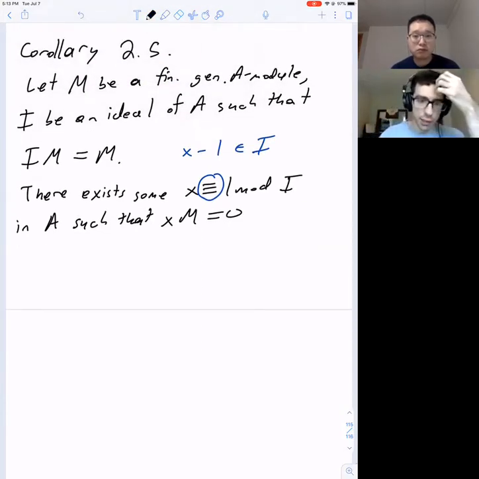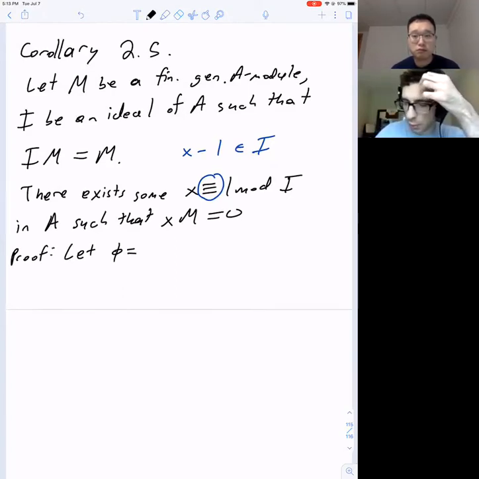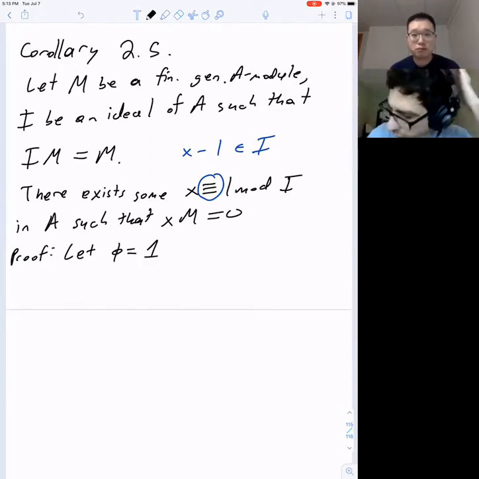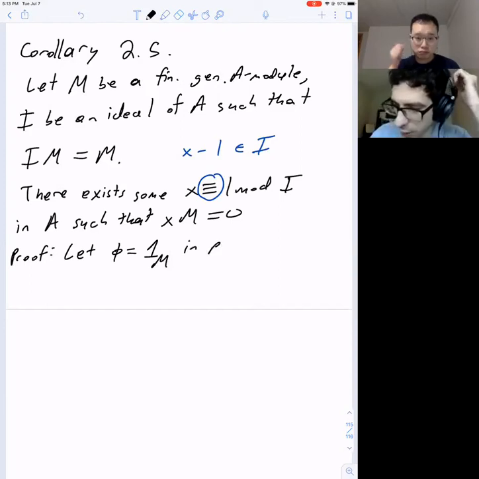So let's actually prove this. It is extremely fast. Let phi be the identity map of the module in proposition 2.4.